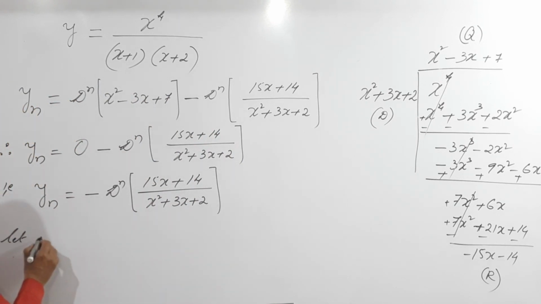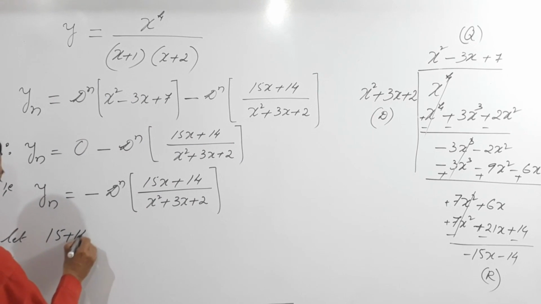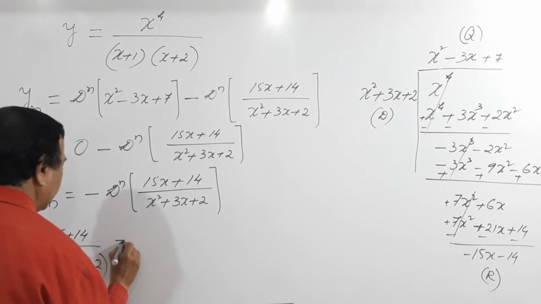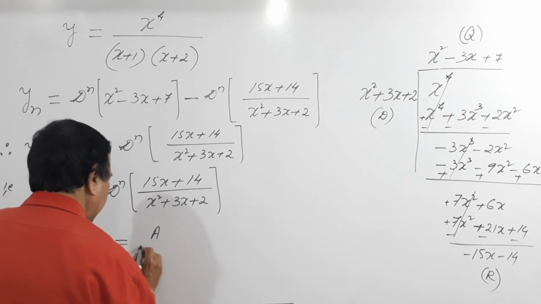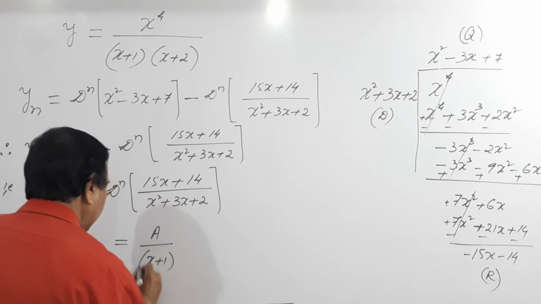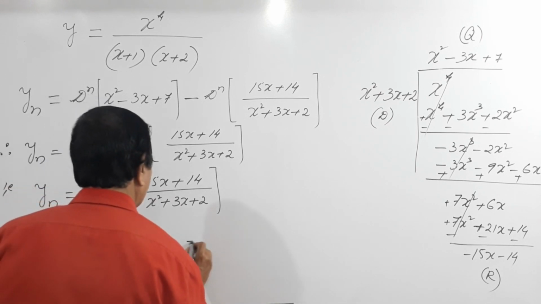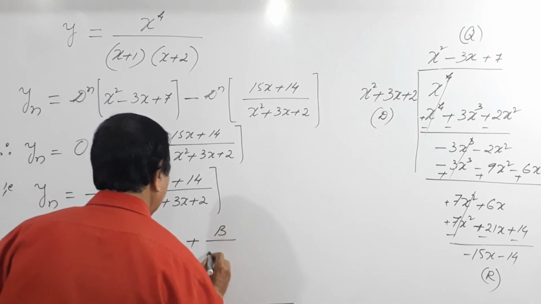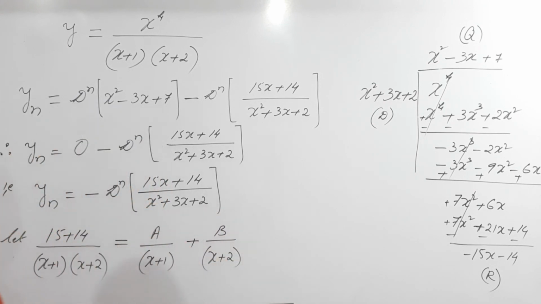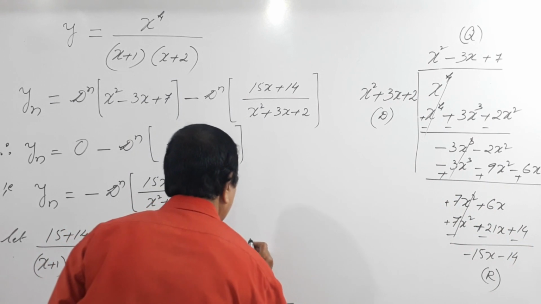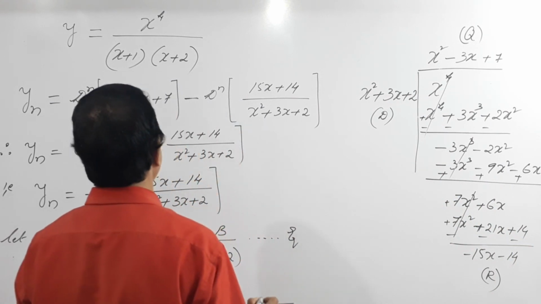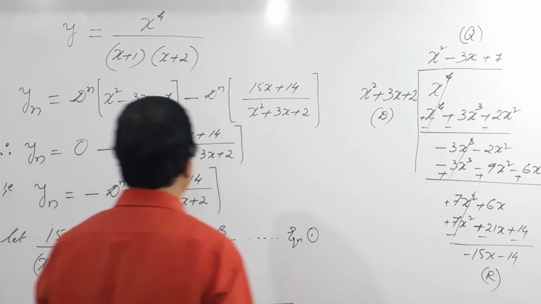Let y equal (15x + 14) by (x + 1)(x + 2) equals a by (x + 1) plus b by (x + 2). I call this equation 1.